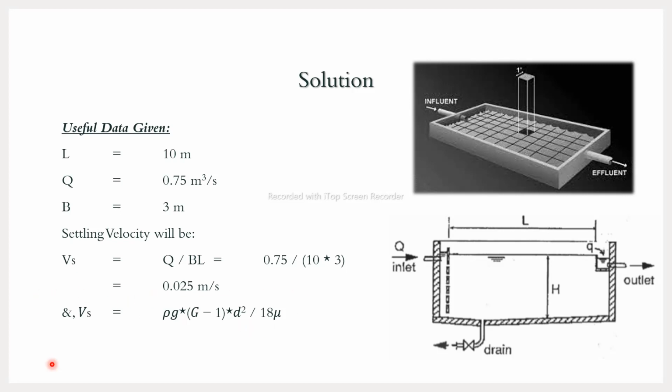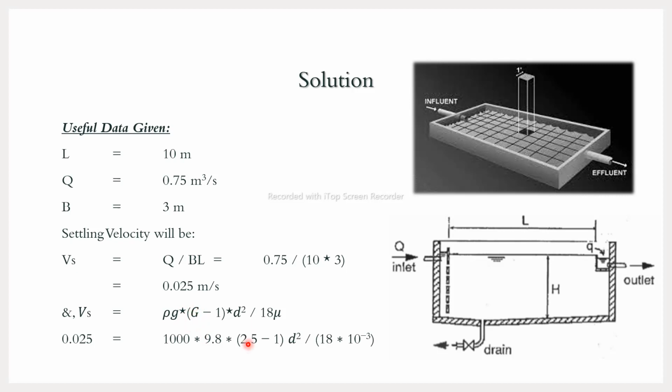I will actually derive this formula in my next class. If you have done SAT's regular lectures, if you have listened, then you will be able to understand. So I just have to put the values here. Vs is what we just calculated. Rho of water is given as 1000.